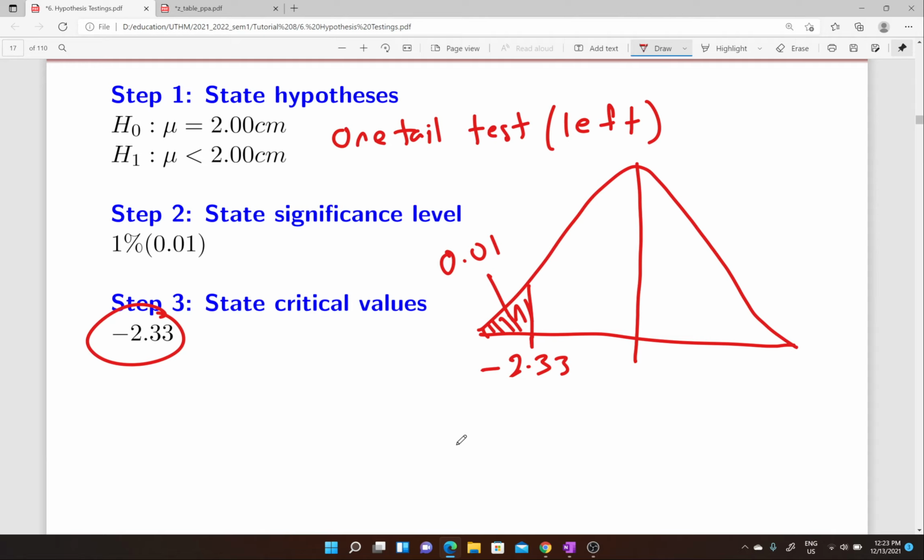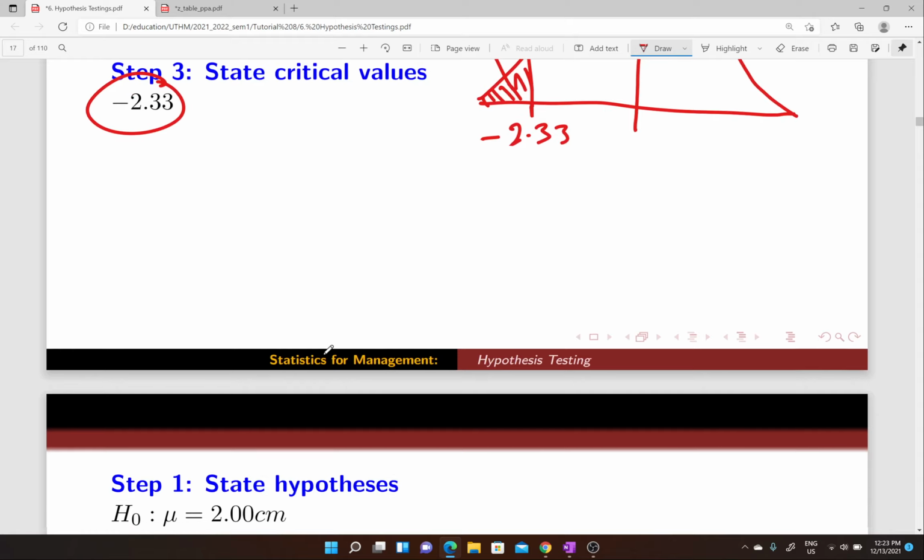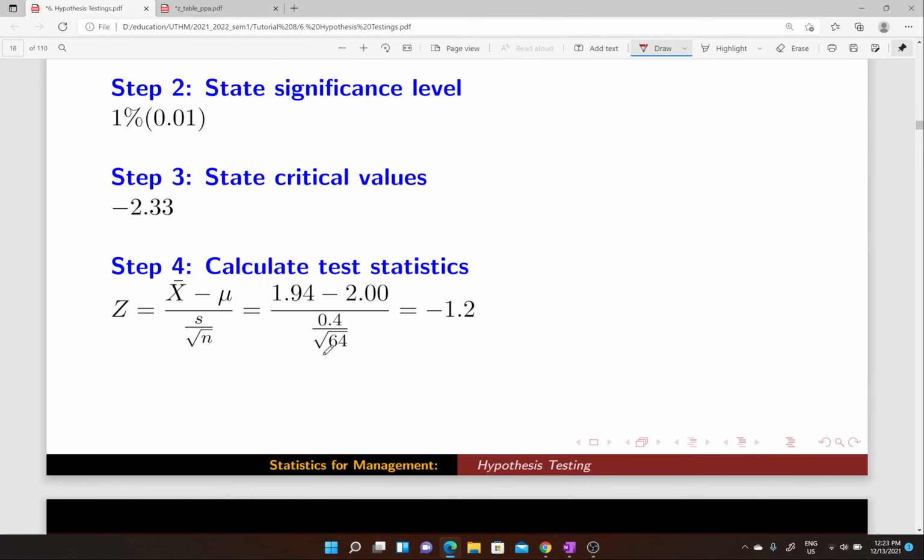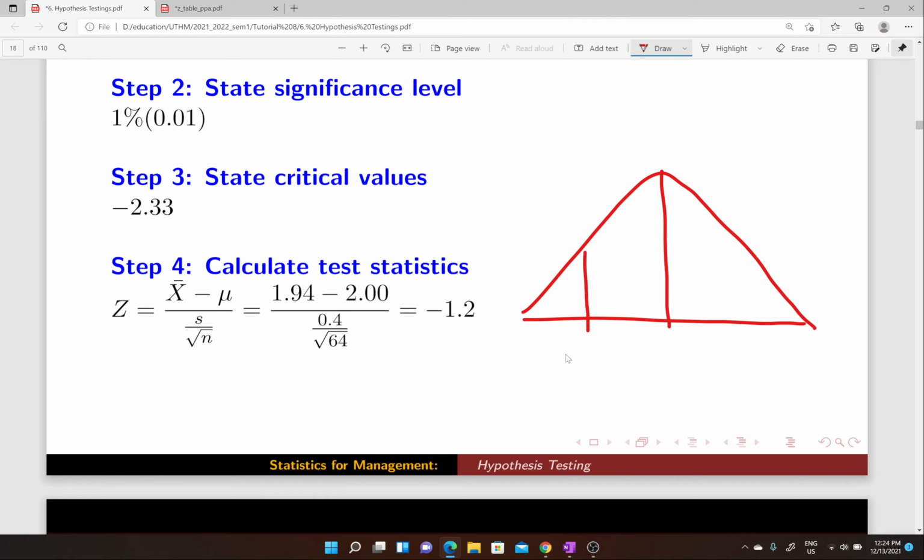After the critical value, we go for the calculated test statistic. We know the sample is 1.94 minus this, you get negative 1.22. So this is negative 2.33, this is the rejection area.